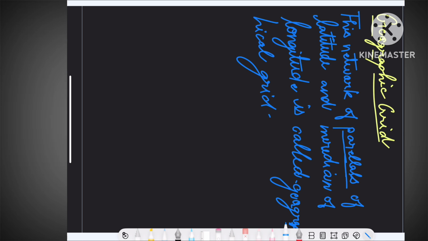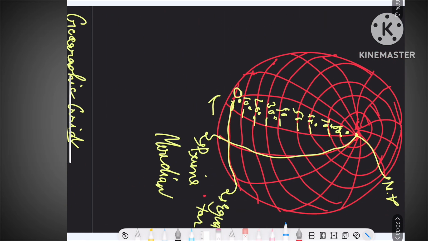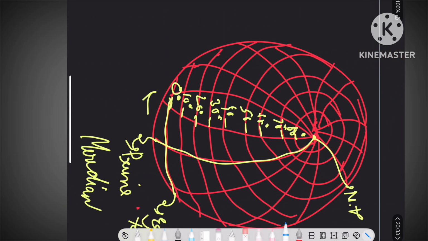Similarly, the value of longitude of a place is followed by the letter E or W. These letters indicate whether the place concerned is situated east or west of the prime meridian. Like in this diagram, it is north.